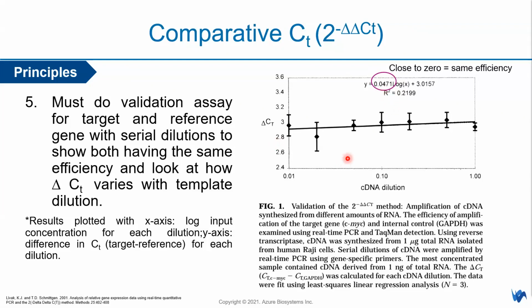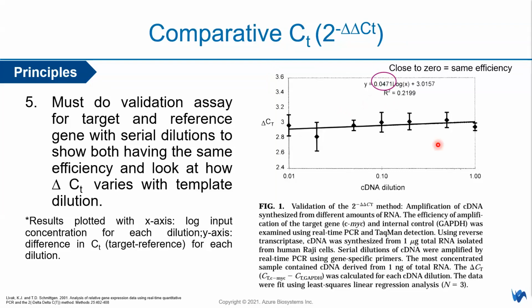So you can use this comparative CT or delta CT calculation for your qPCR data. In the figure, the slope is 0.0471. Therefore, the assumption holds. That means both target gene and reference gene have the same or similar amplification efficiencies. Therefore, you can use the calculation method.